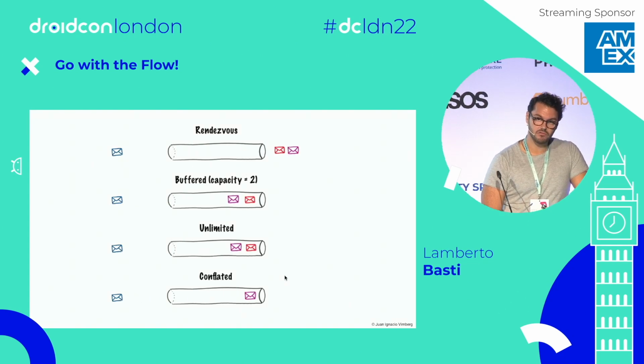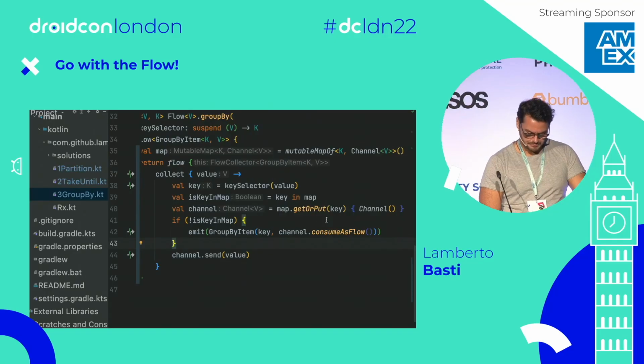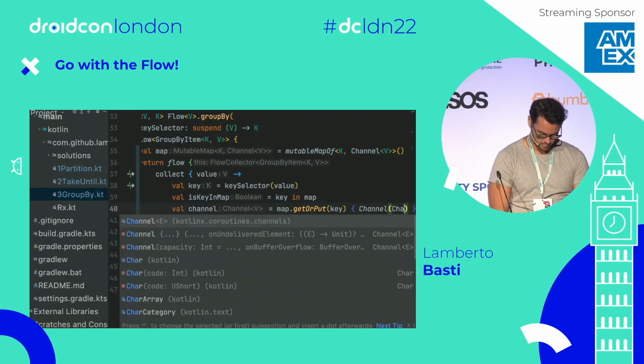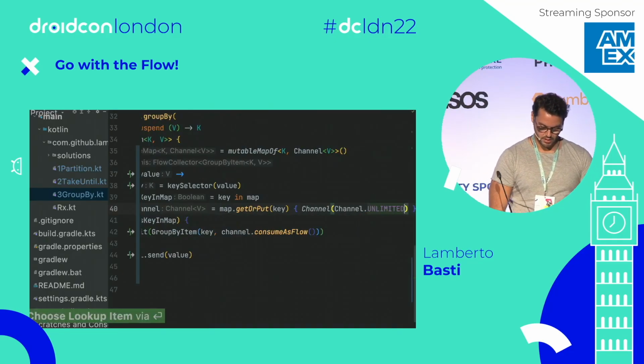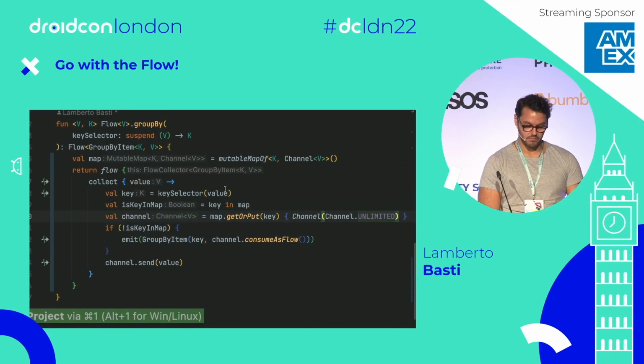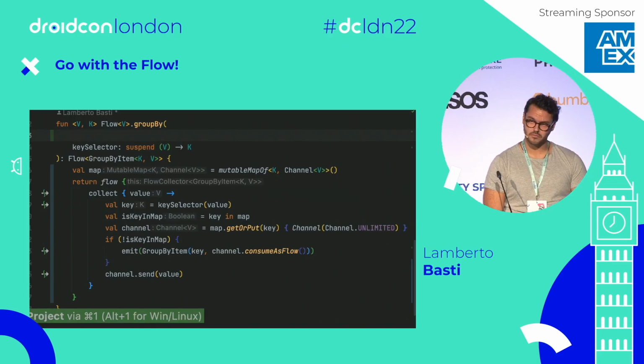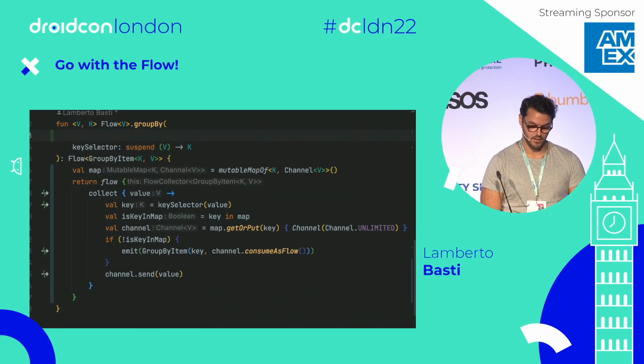Now we're going to just use something simple. This time we're going to use channel.unlimited, all right? But the point is that maybe, just maybe, the user of these functions wants to handle the back pressure, you know?